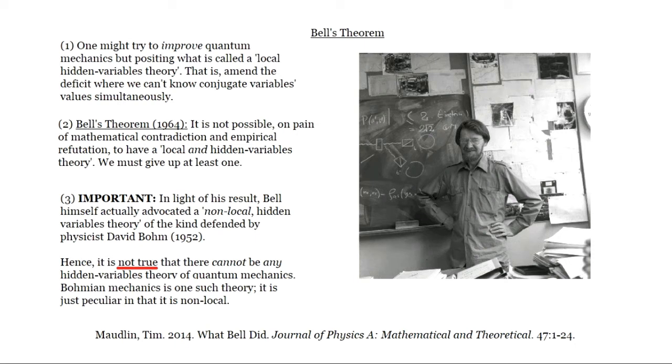It's just peculiar in that it is non-local, which, don't get me wrong, is certainly undesirable, but it's beyond the scope of today's discussion to describe why non-locality is such a peculiarity. And for those who want to read more about this, you can consult the source at the bottom of the page, namely Tim Maudlin's paper, What Bell Did, published in Journal of Physics A, Mathematical and Theoretical.